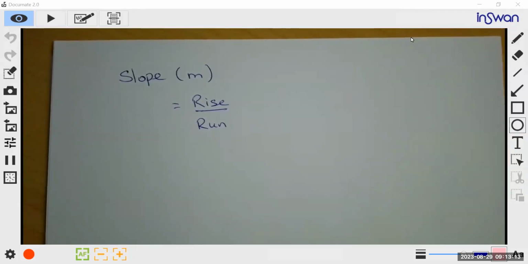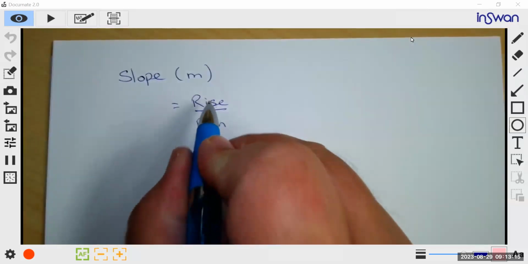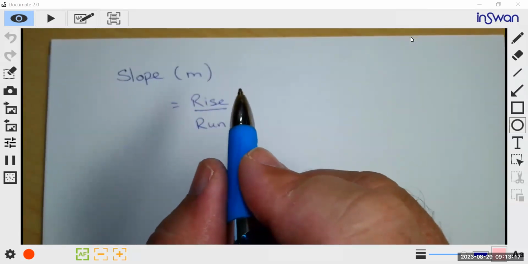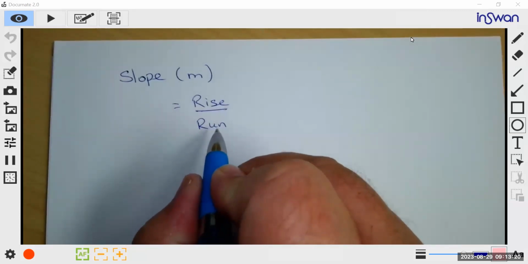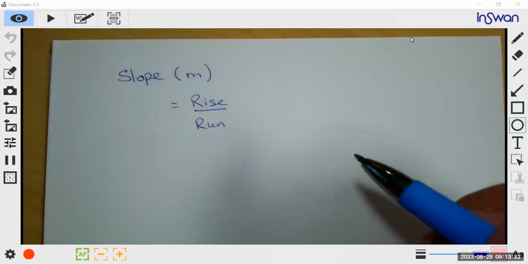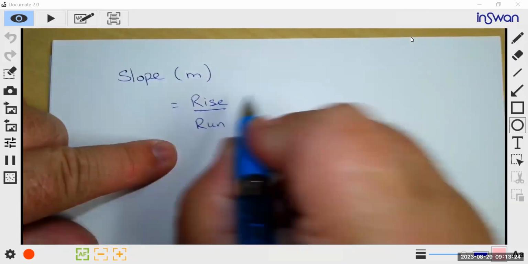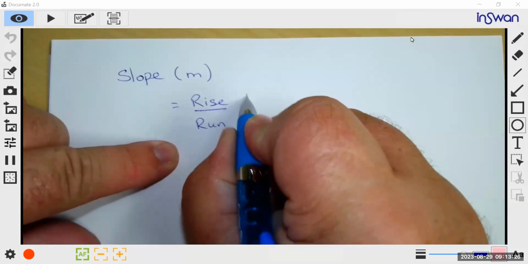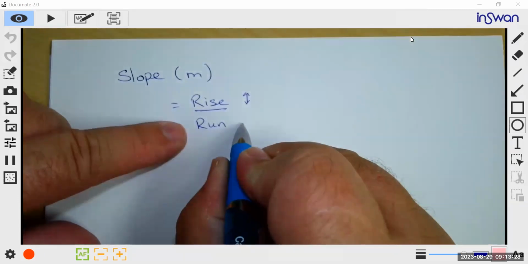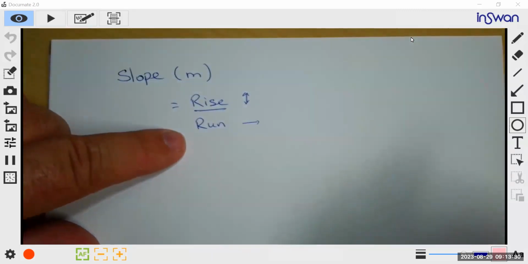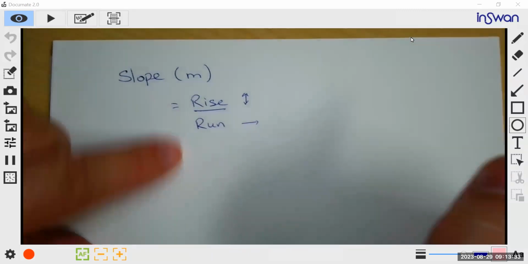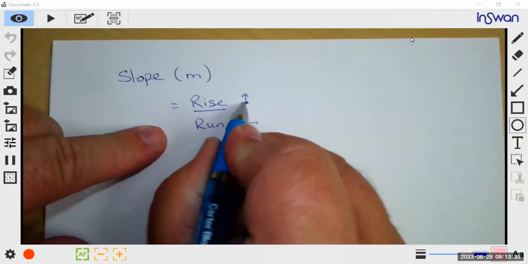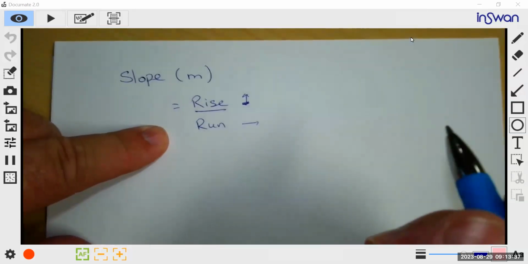It's somewhat accurate. If it says rise, what direction does that go? If I say run, which direction does that go? To the right. Well, remember, rise is up and down, and when you run, it's horizontally. But rise only goes up. Can you go down? No.